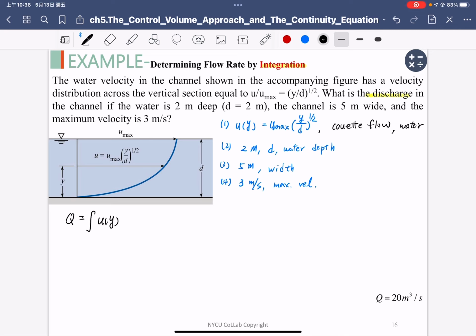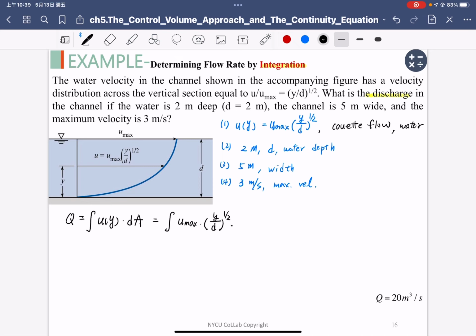The velocity u is equal to u maximum times (y divided by D) to the power of 1/2.